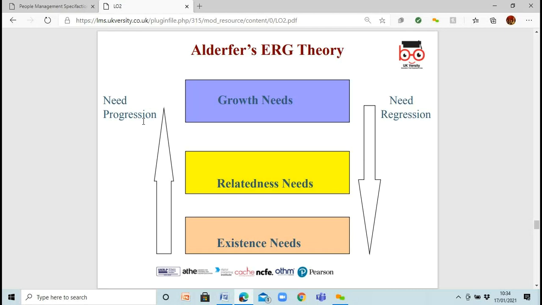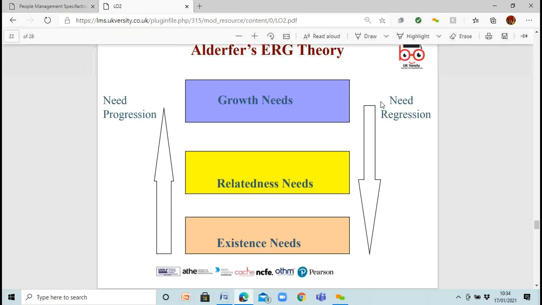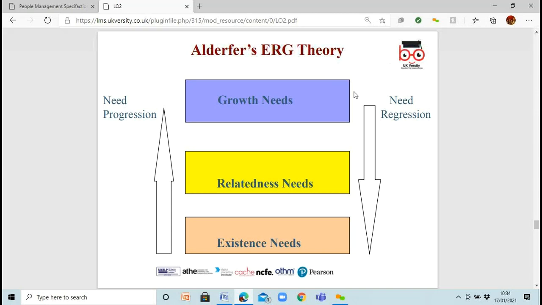So this is showing that you need progression. As the arrow is going up, that indicates that you're gaining satisfaction, you're gaining progression. Now on the flip side, we've got needs regression. With the arrow going down, it means that you're getting frustrated, you're regressing, your needs are not being met. So that's what this theory focuses on.